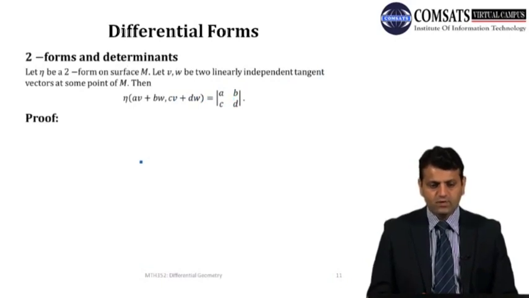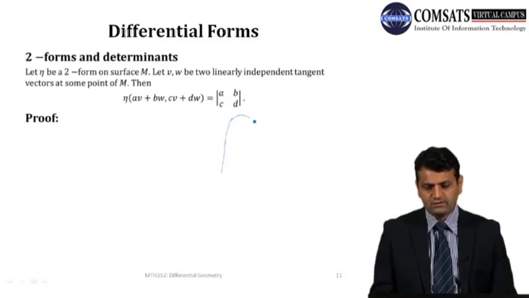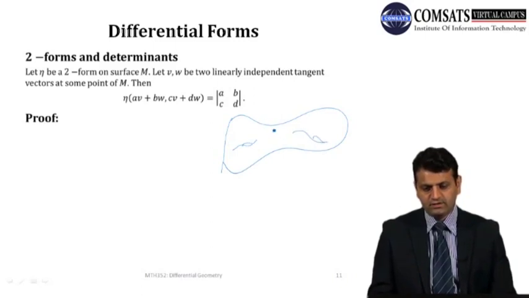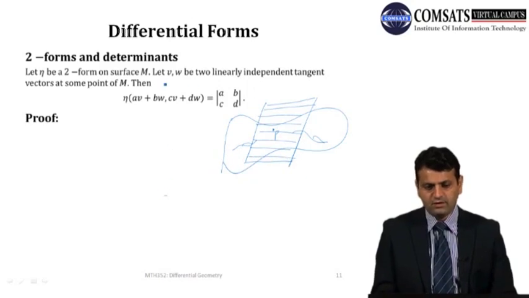Now let eta be a two form on a surface M and V and W be two linearly independent tangent vectors at some point of M. So once again let's say हमारे पास ये कोई सरफेस है और इस सरफेस के इस पॉइंट पे मैंने टेंजेंट स्पेस डिफाइन की. दिस इज द पॉइंट P एंड दिस इज ए प्लेन. नाउ V and W are two linearly independent tangent vectors.